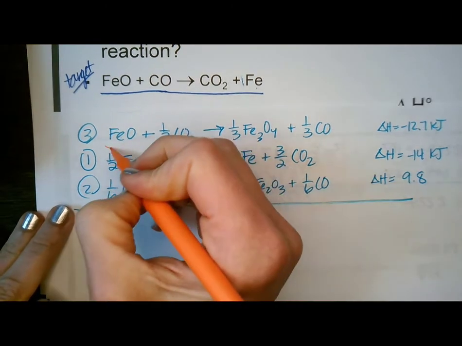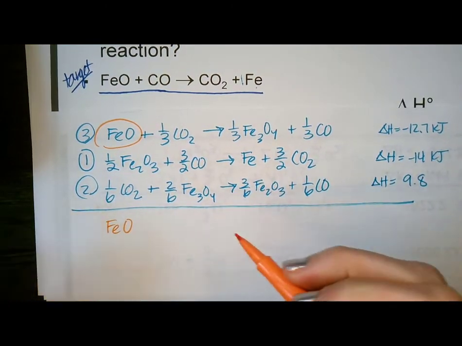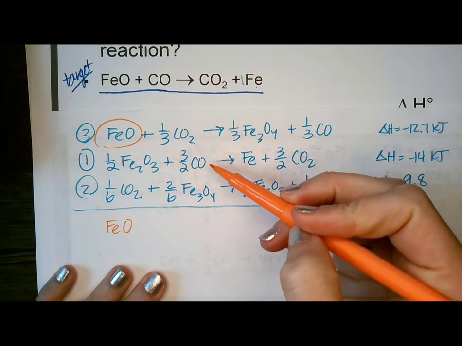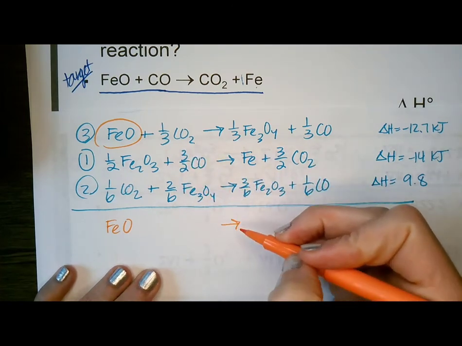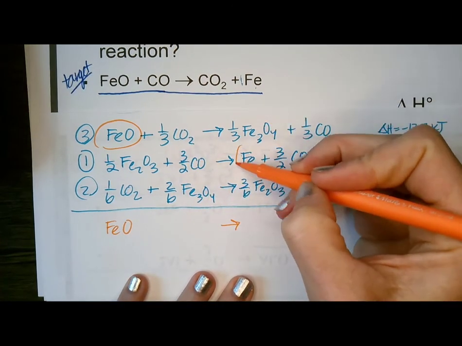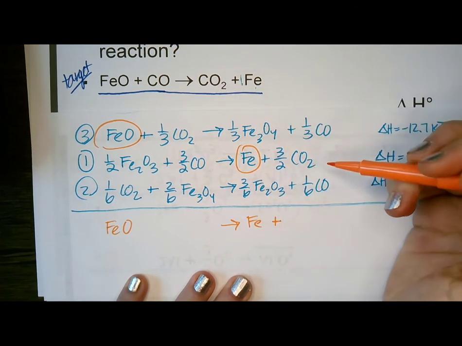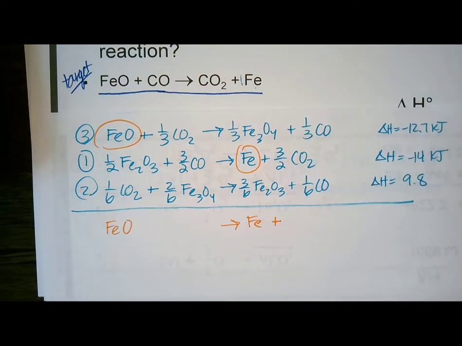Let's see if we get our target equation here. Well, we've got FeO, the CO, we've got a couple different COs. We're going to come back to that one. Let's see if we've got our Fe, good, plus we've got CO2s in a couple of spots. So we're going to have to do some subtracting here.